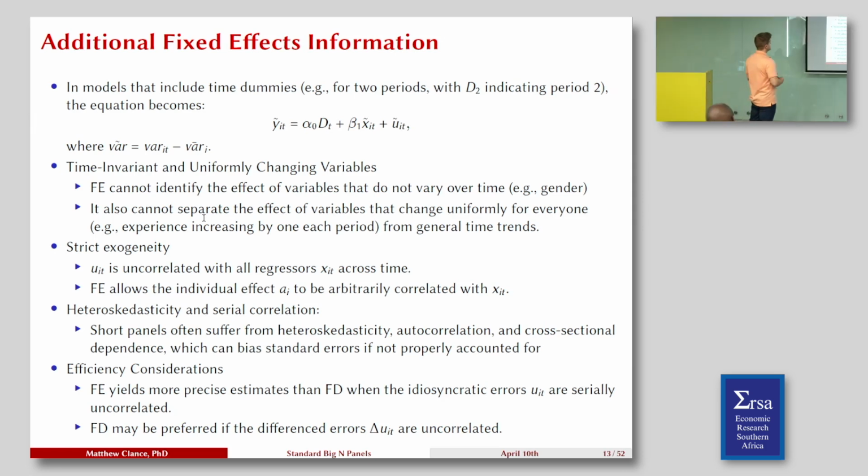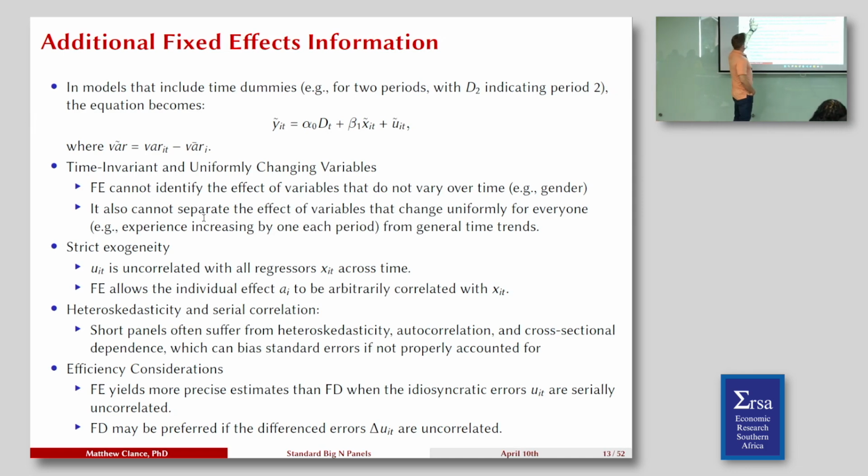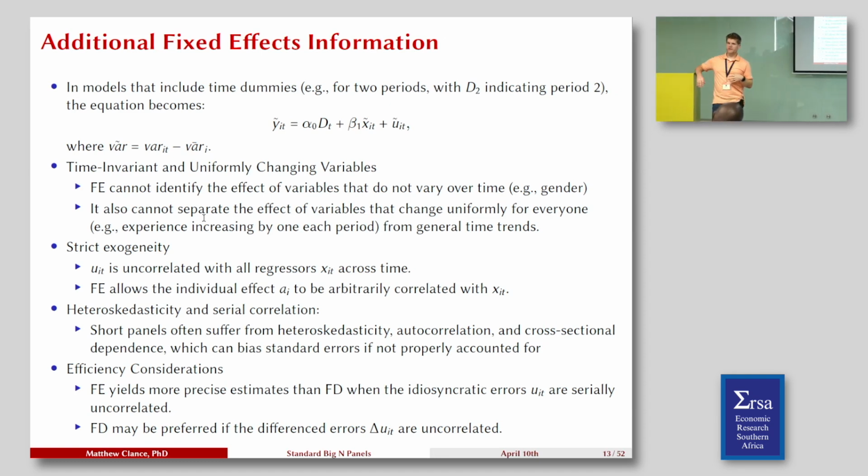Well, we could do that similarly in the fixed effects, because there are two ways that we can actually get variation: across the individual, but there are also unique events within the year itself. So in this case we could actually include a dummy variable for time.